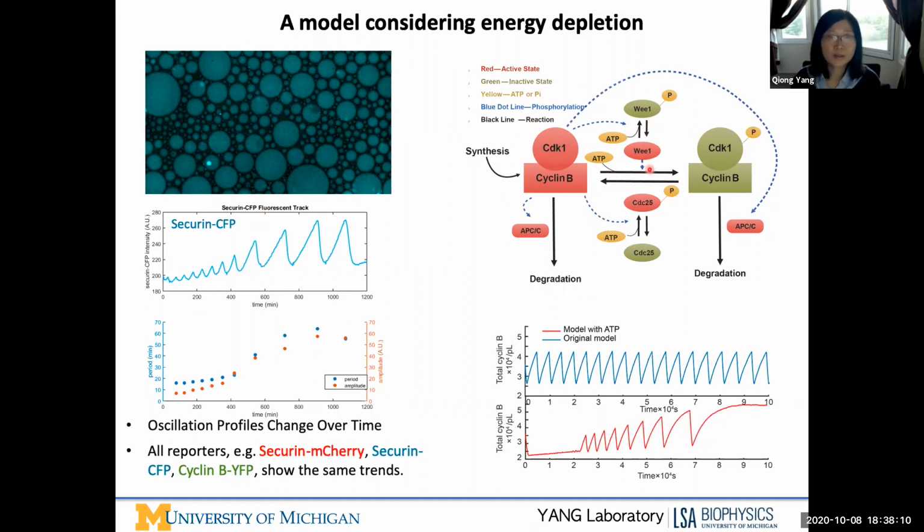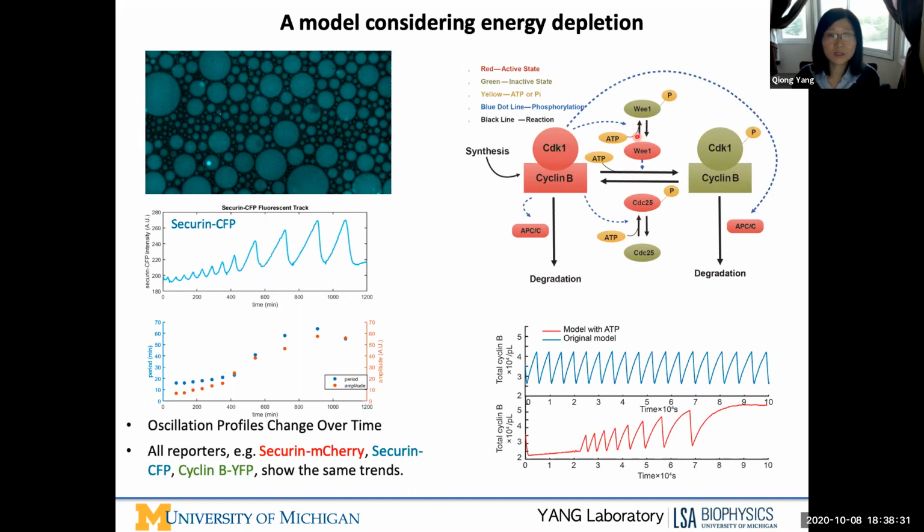Specifically, the design of the cell cycle model was that there is this Wee1 kinase and CDC25 phosphatase. They are the antagonistic regulators for CDK1 activation and deactivation. However, these two are also differently regulated by ATP.